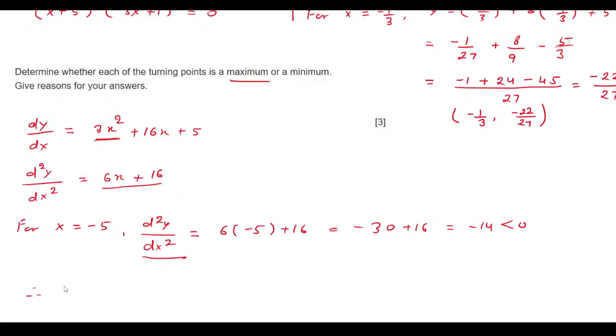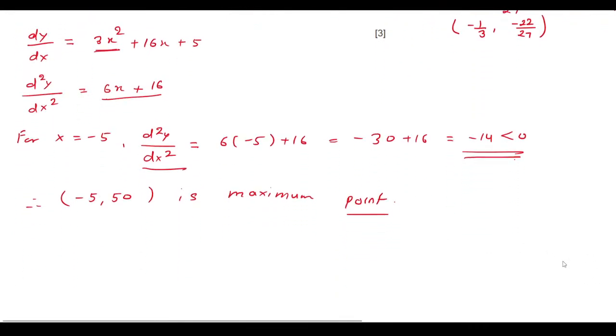So therefore minus 5 comma 50 is a maximum point. The second derivative helps me understand whether the point is maximum or minimum. If the second derivative is less than 0, it is a maximum, and if it is greater than 0, it is a minimum. Now for x equals minus 1 by 3, the second derivative d squared y by dx squared is 6 times minus 1 by 3 plus 16.